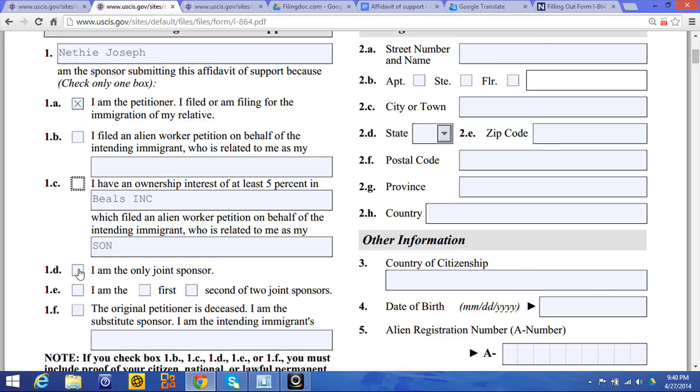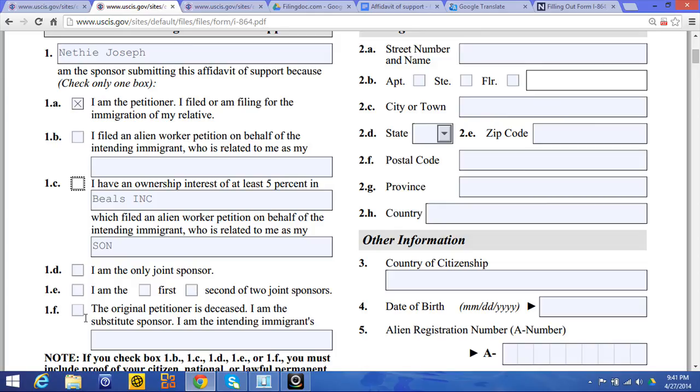Now, like we said, 1E is when there are two sponsors. You will indicate if you are the first joint sponsor or the second joint sponsor, since you can have two joint sponsors.